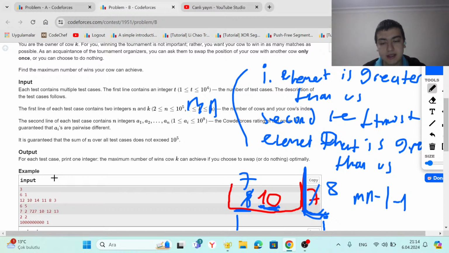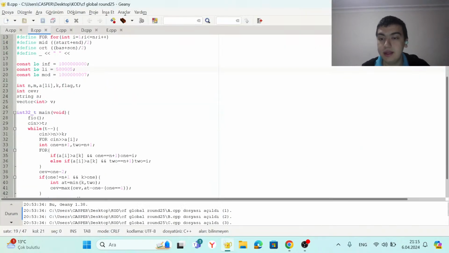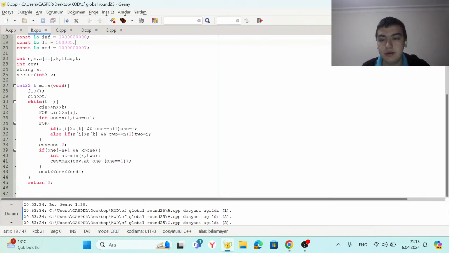If we put our cow more to the left, we can win more matches. So we can swap our cow with the first cow and look at the answer. Let's continue on the code, and I think you will understand more in the code.